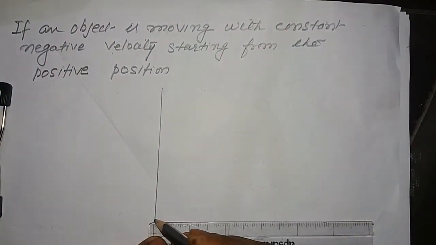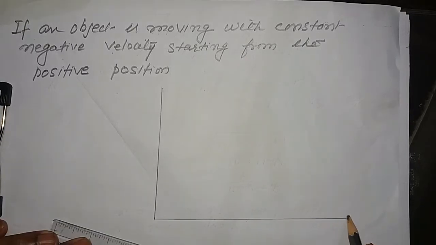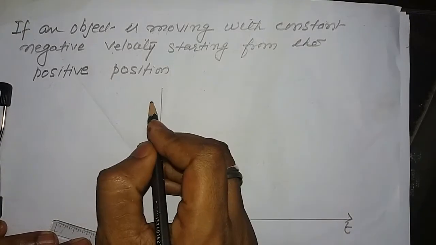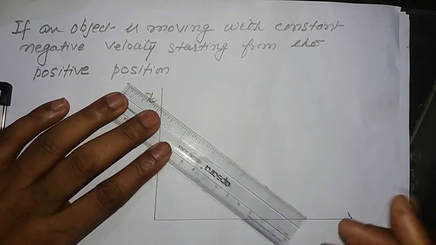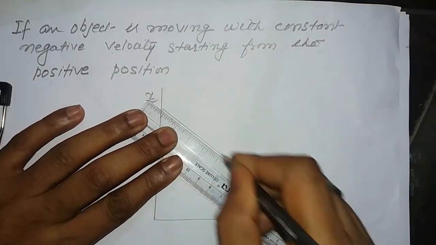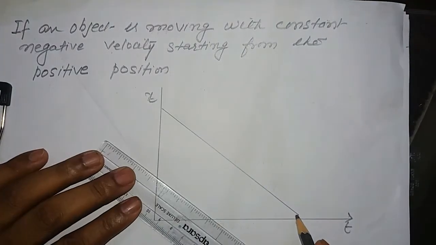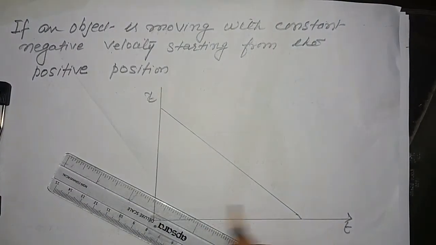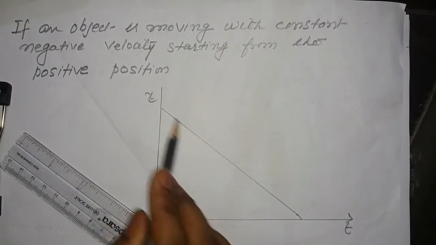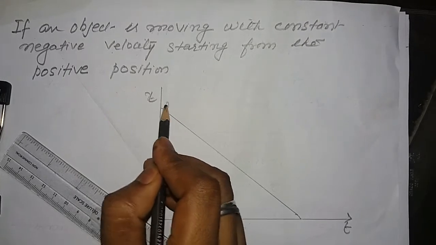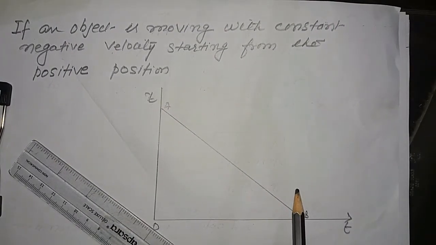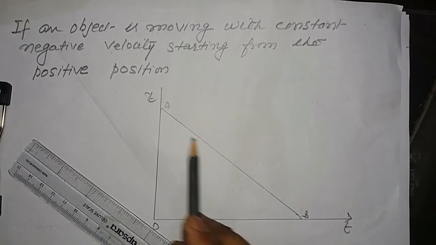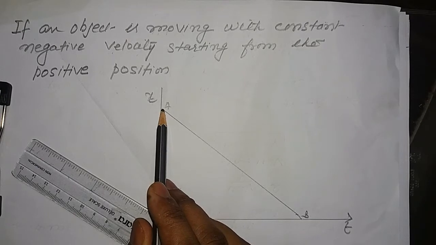On the x-axis I am taking time, this is position, this is the graph. This is the point 2. This line AB is showing the object moving with constant negative velocity starting from positive position.